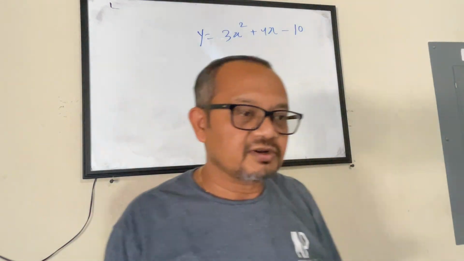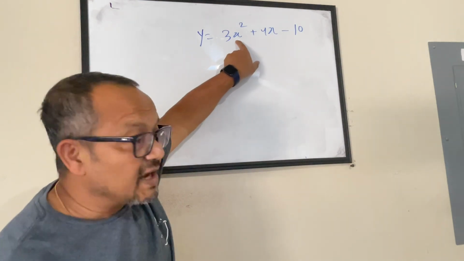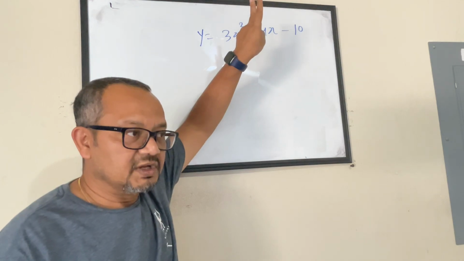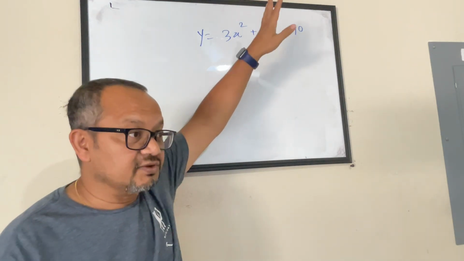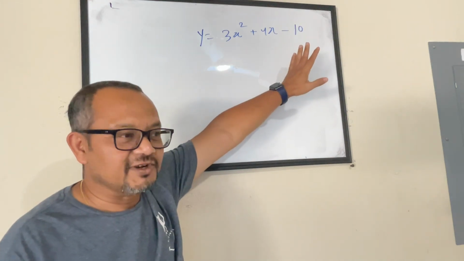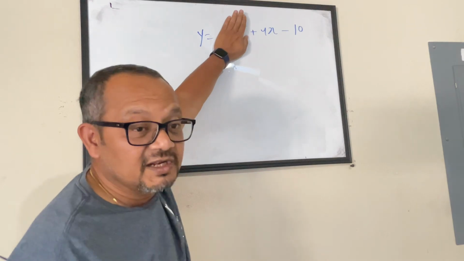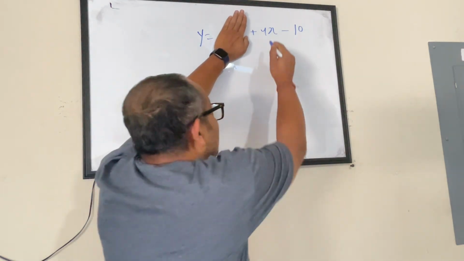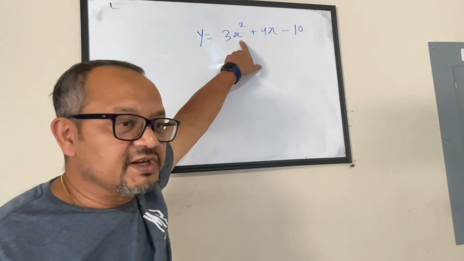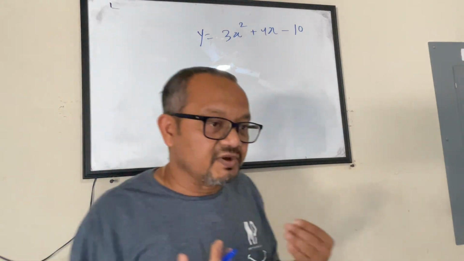Look here, what you see is the maximum power of the variable is 2. So that's the first criterion. Without that, you will not even dare to call it a quadratic function or equation. If I'm talking about only this, it is a linear equation. Maximum power of the variable is 1. Here the maximum power of the variable is 2. That is the only reason why we call it a quadratic equation.